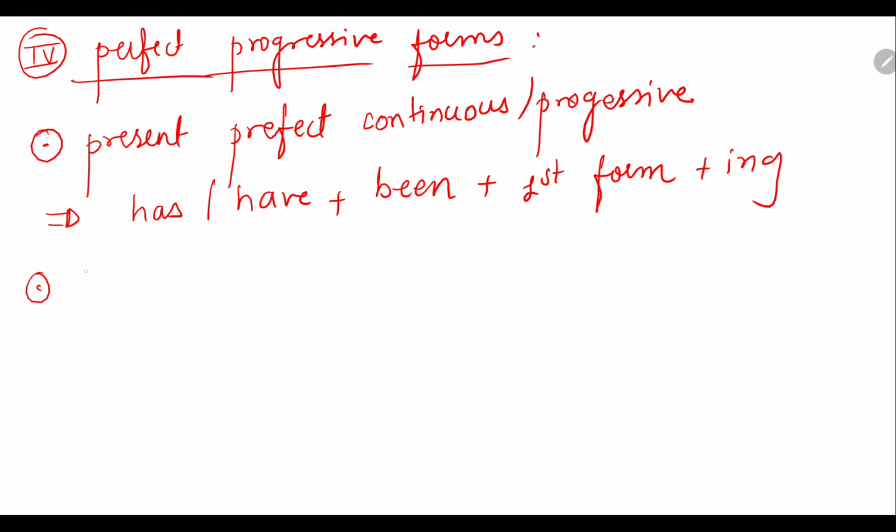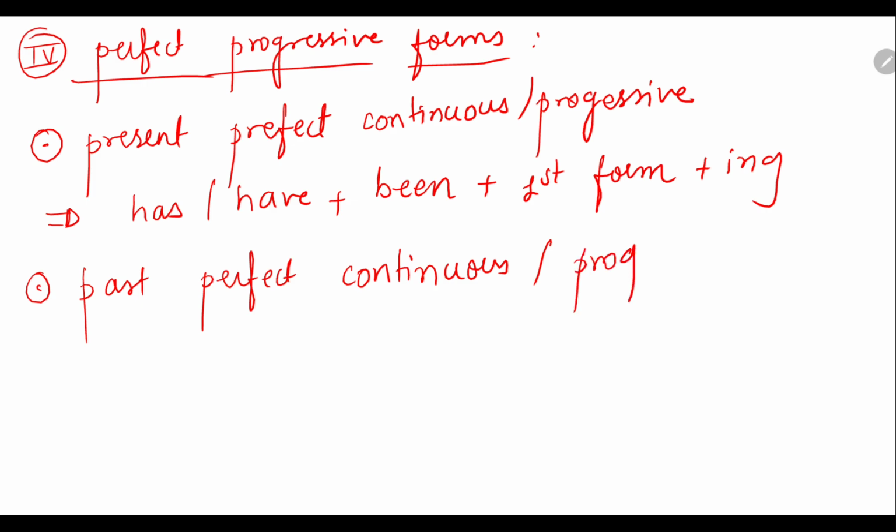In case of past perfect continuous or progressive, you'll be using had plus been. Do not get confused in been and being. Okay, been plus first form plus ing.